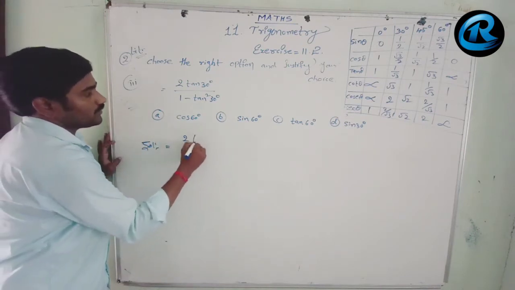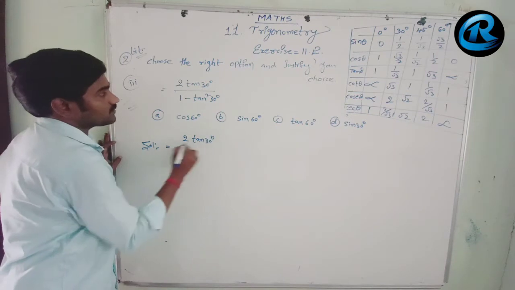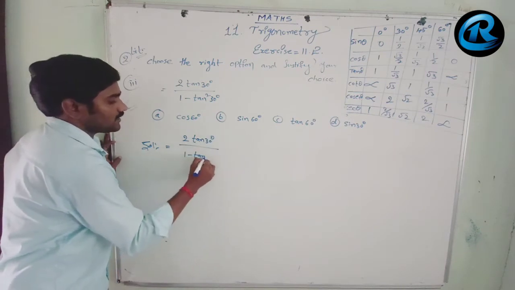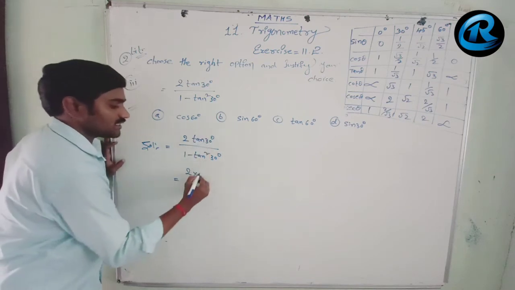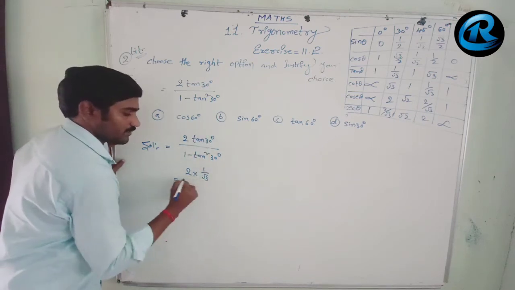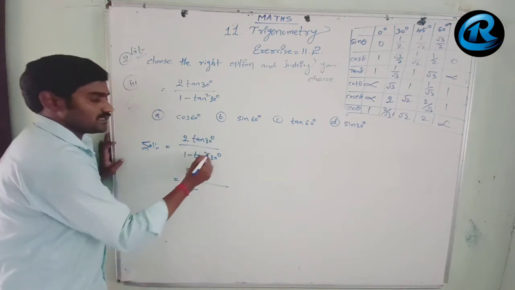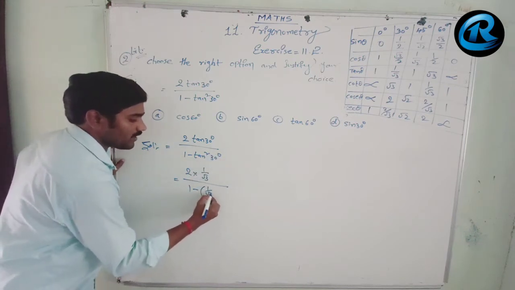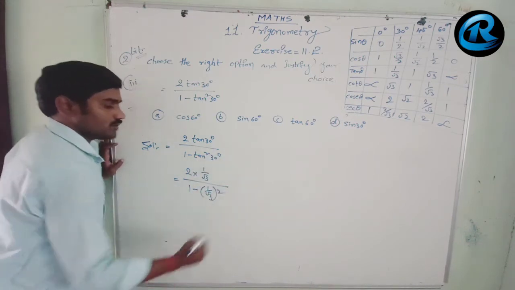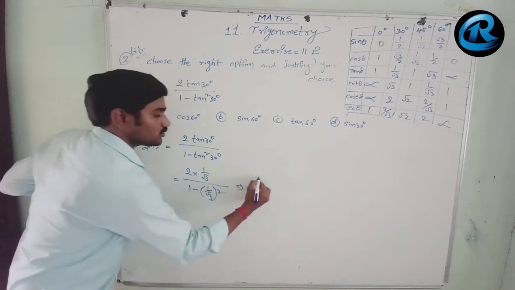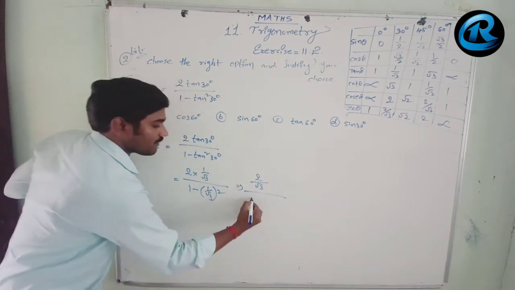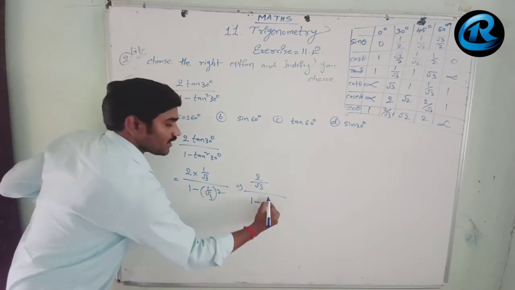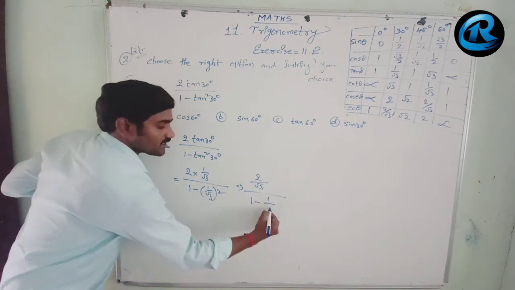2 tan 30 degrees by 1 minus tan square 30 degrees. Here 2 into tan 30, which is 1 by root 3, by 1 minus tan square 30, that means 1 by root 3 whole square. So here we get 2 by root 3, whole by 1 minus 1 by 3.